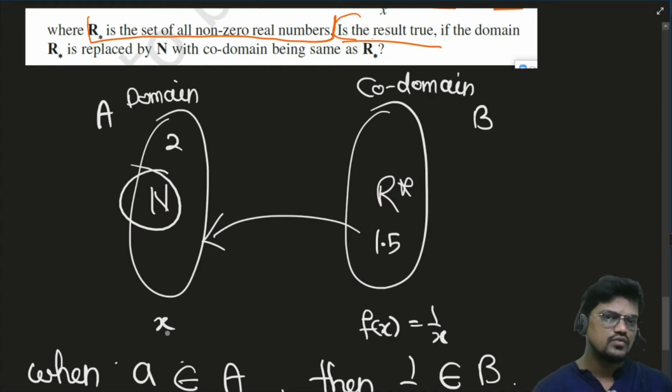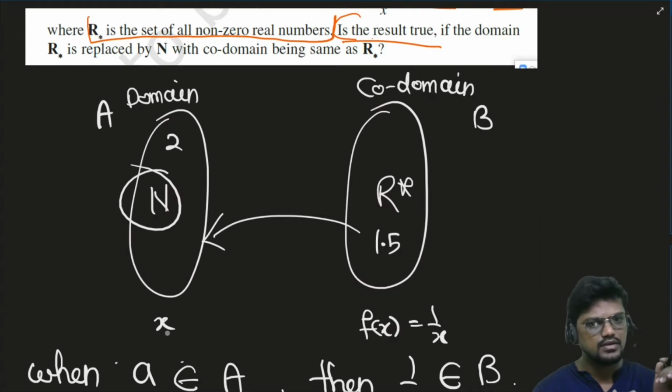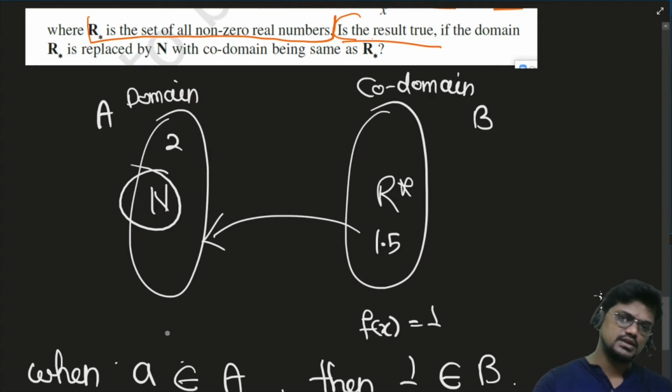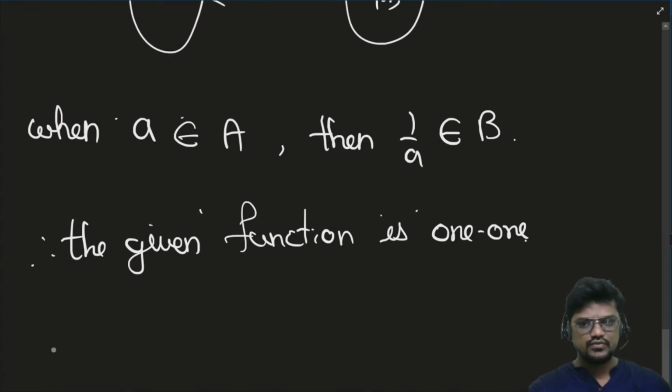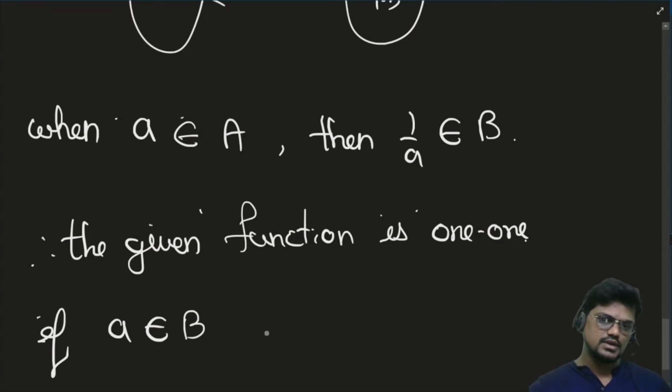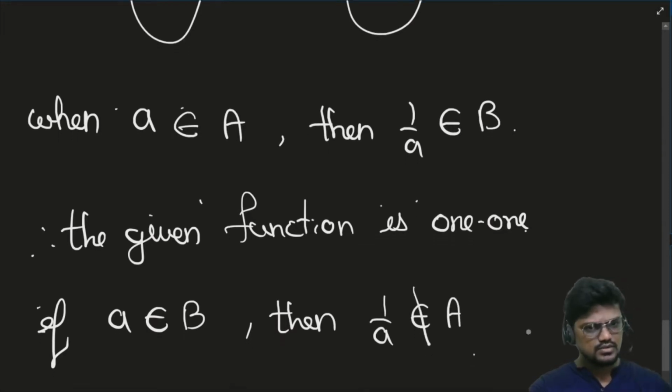That means for every element in B, if a belongs to B, then 1 upon a does not belong to A, right?